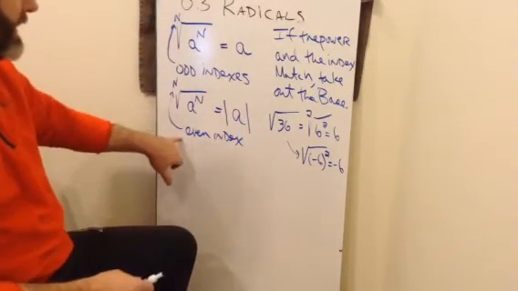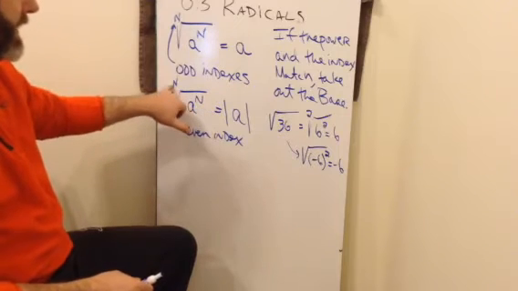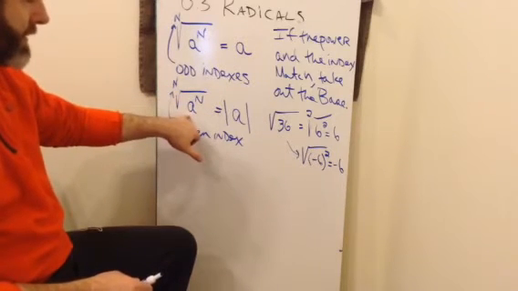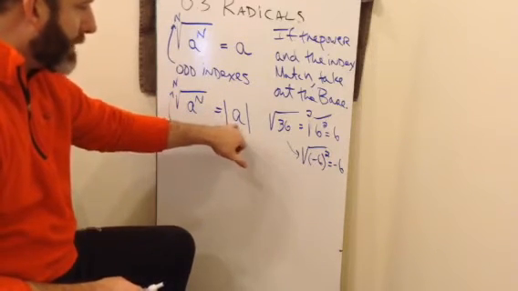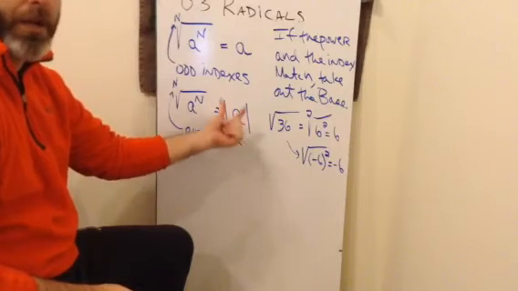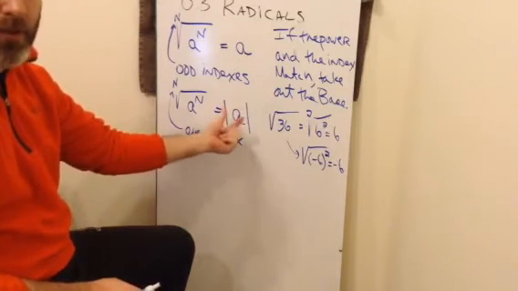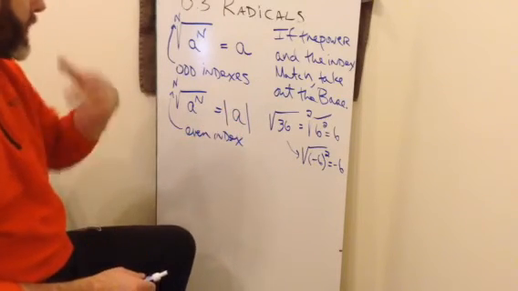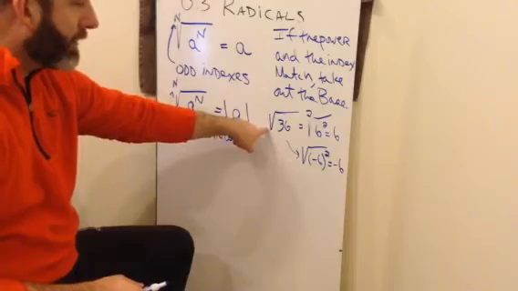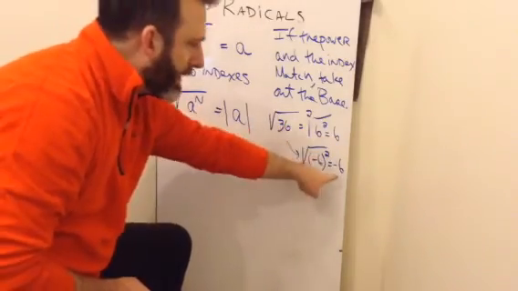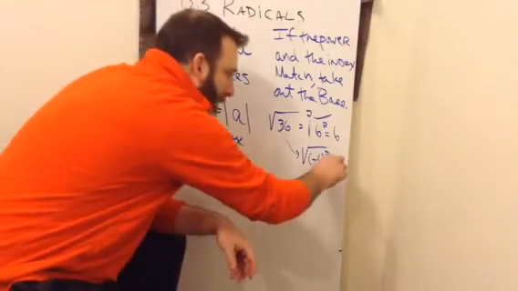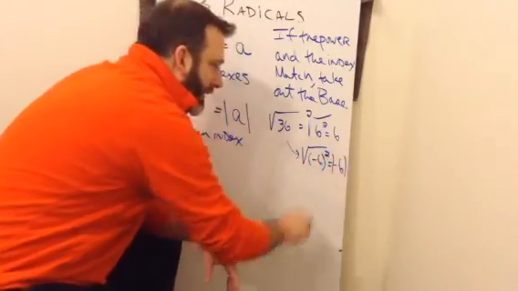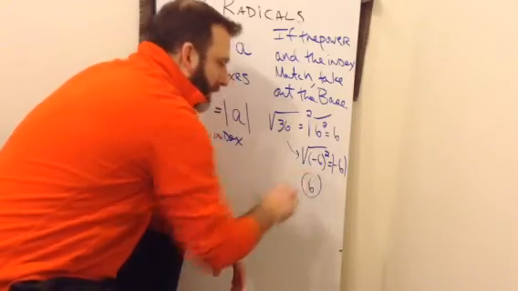If this is an even index and the power matches the index, we take out that base and make sure we have an absolute value around it to ensure that it's going to be positive. If you plug this into your calculator, it'll give you the 6, but if I apply the absolute value to that, then I get my positive.